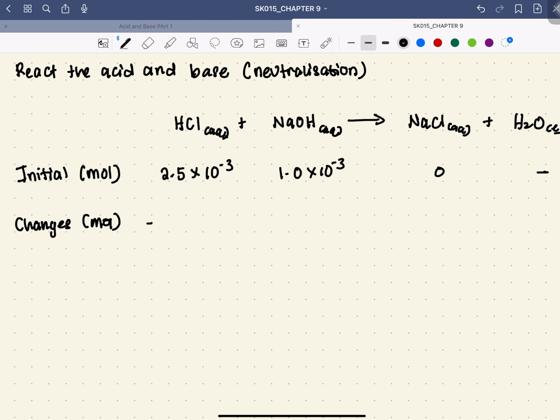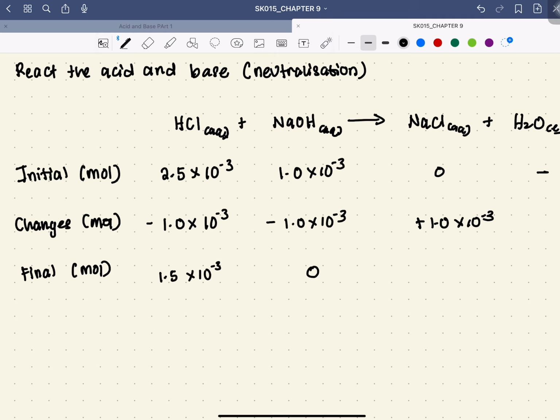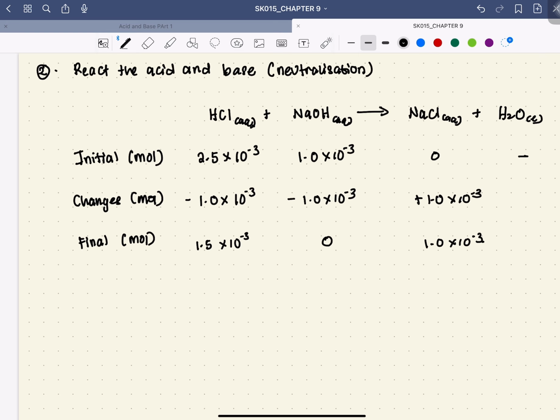Therefore, the change will be -1 exponent -3, and the same goes here and here. So final, why not equilibrium? Because this is a strong acid. This one will be finished. This one will be 1.5 exponent -3 and 1 exponent -3. So this is step 2, which is you have to do the reaction.